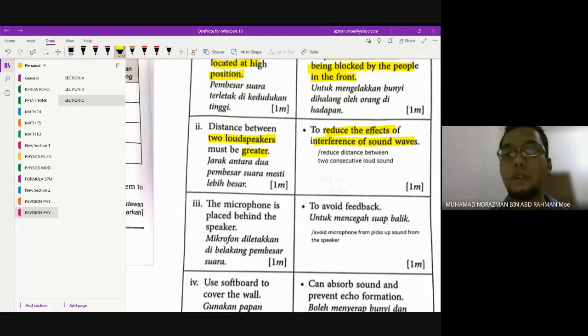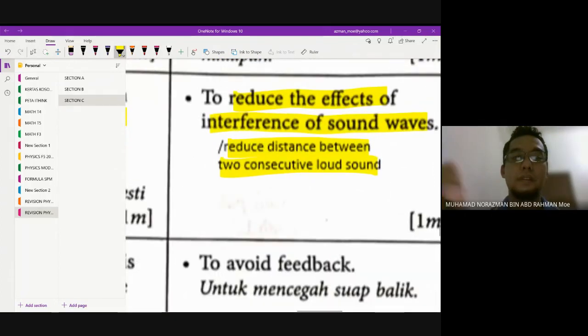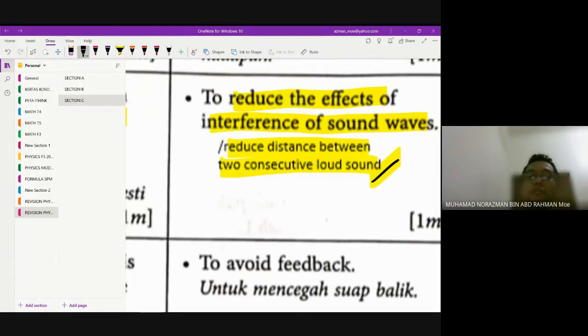Or you can say to reduce the distance between two consecutive loud sounds. I think this one is better: to reduce the distance between two consecutive loud sounds.